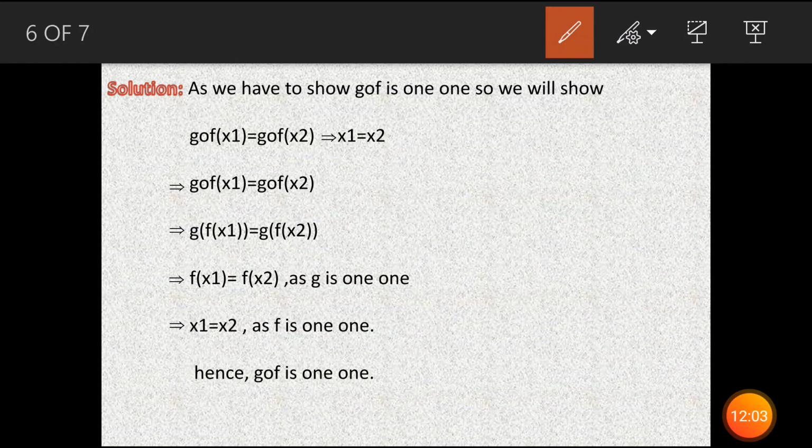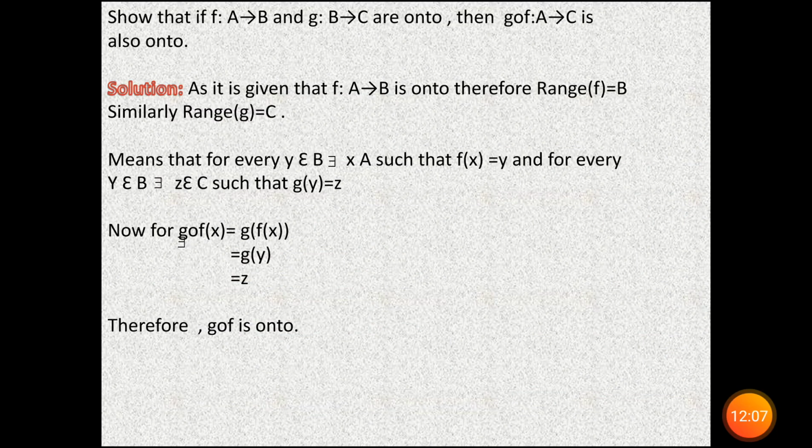Now the last theorem: if f from A to B and g from B to C are onto, then show that GOF from A to C is also onto. You know the definition of onto functions.